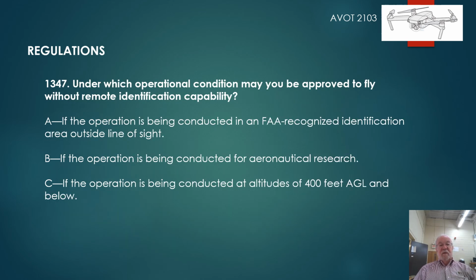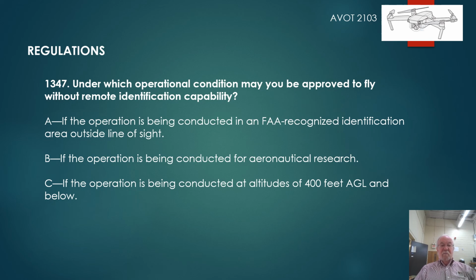Right, another question. Under which operational condition may you be approved to fly without remote identification capability? A, if the operation is being conducted in an FAA recognized identification area outside line of sight, that I wouldn't be sure about. B, if the operation is being conducted for aeronautical research, I don't know, maybe.